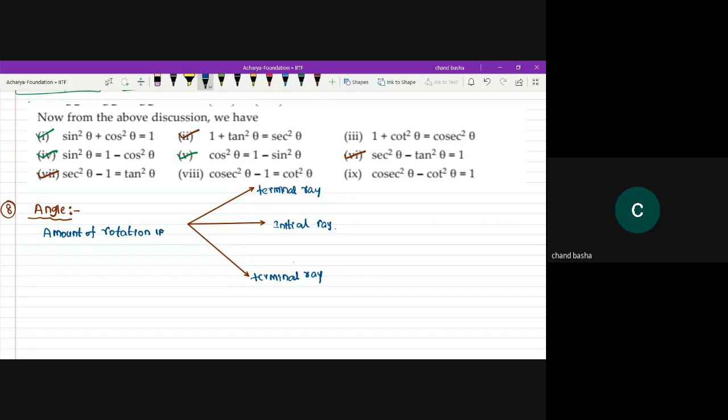And there is also the clockwise direction. It is denoted by theta. If you are observing, we can measure in anti-clockwise direction. It is theta.